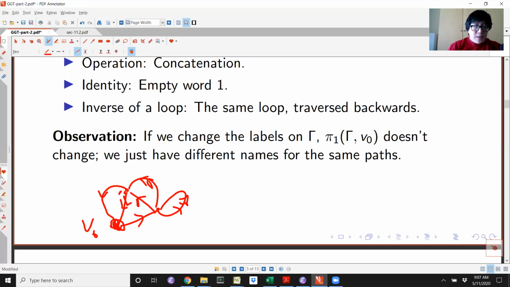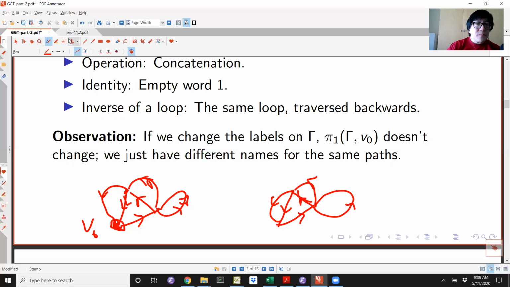Now, if I take this same graph and label it, I just decide to change all the letters. Actually, I'm going to label them all the same way at first, but then I'm going to explain why they're actually all different.